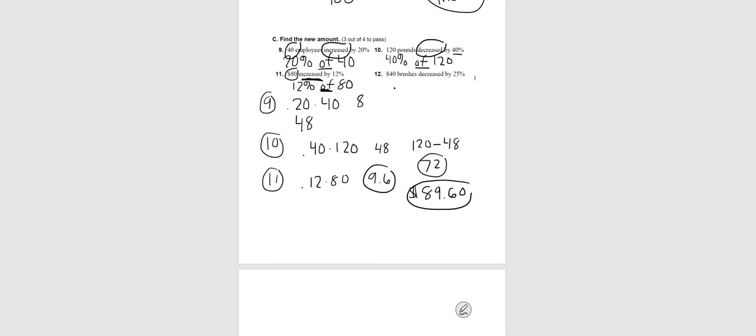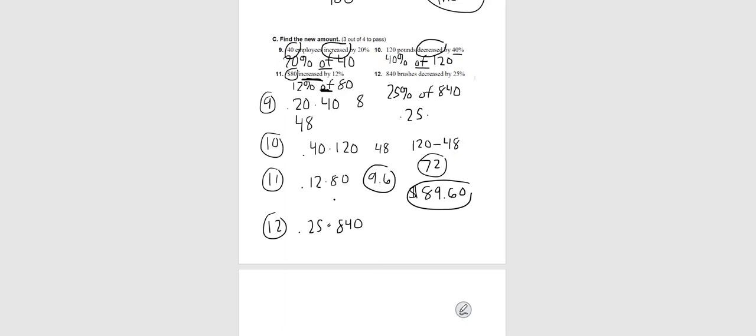Okay, the last one. 840 brushes decreased by 25%. So we have to do 25% of 840, which would be 0.25 times 840. That's how we find 25% of 840.